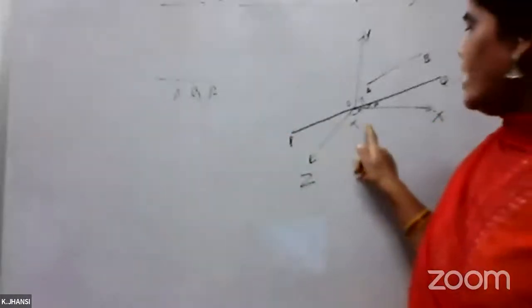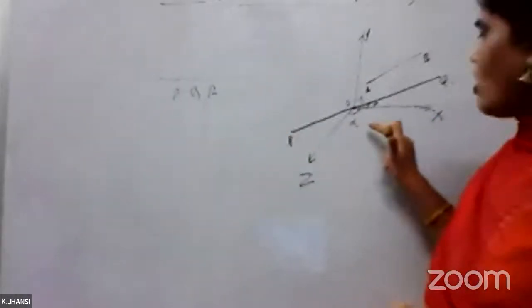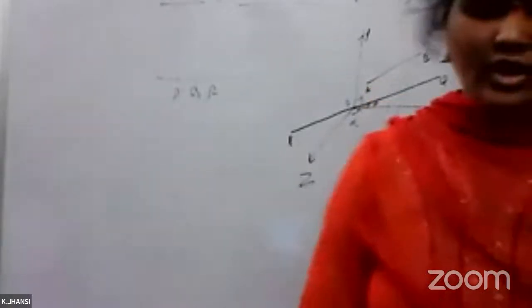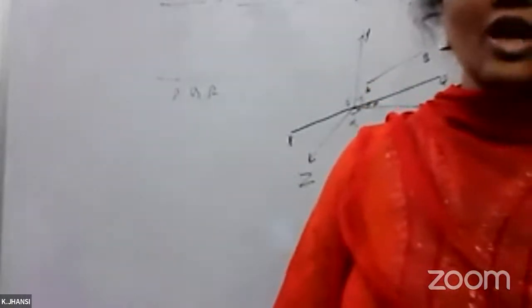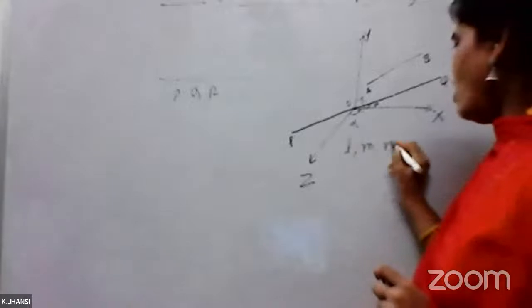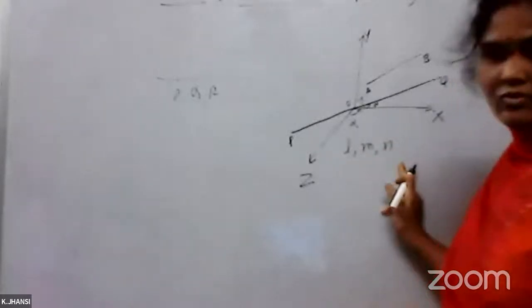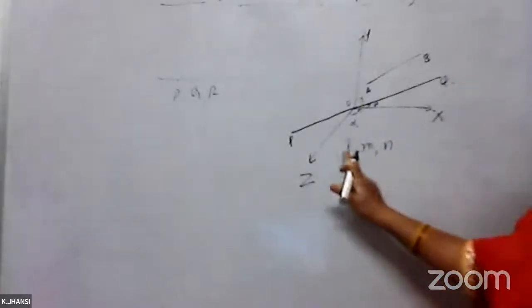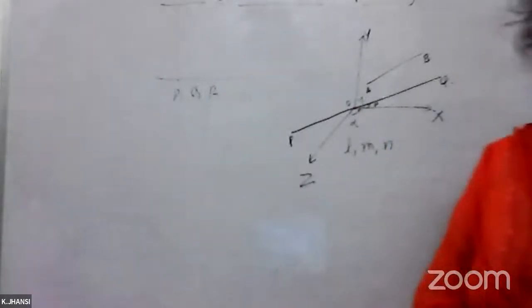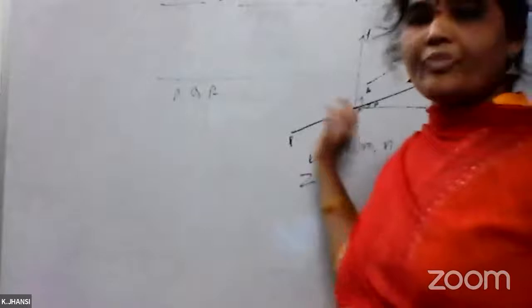So cos alpha, cos beta, cos gamma are called direction cosines. In our problems, we will represent them as small l, m, n. Wherever you get this, we can easily understand that l, m, n are the direction cosines of the line.